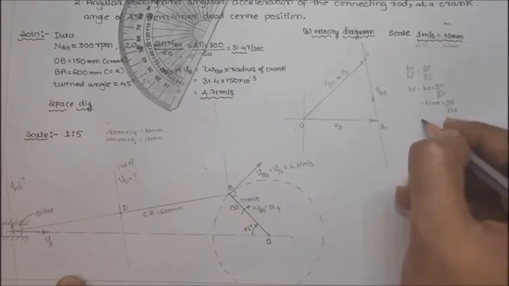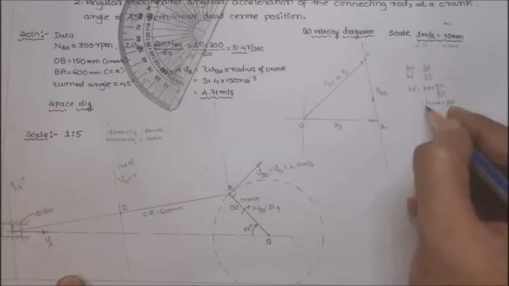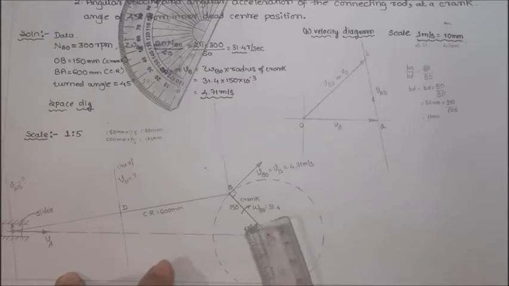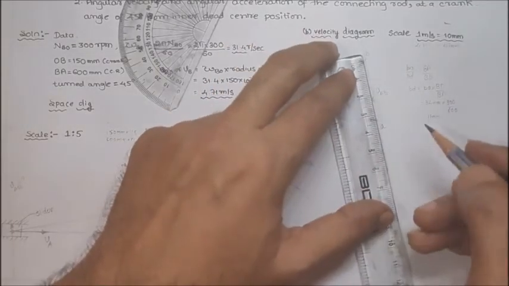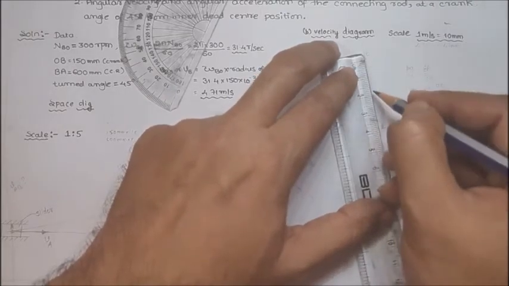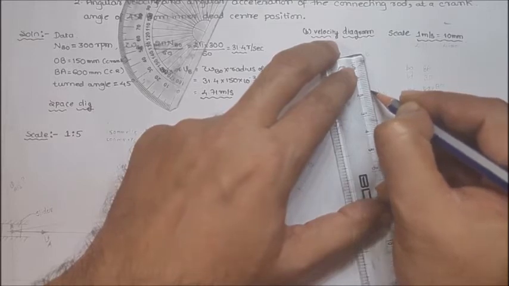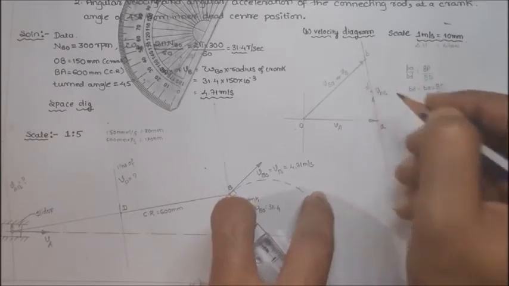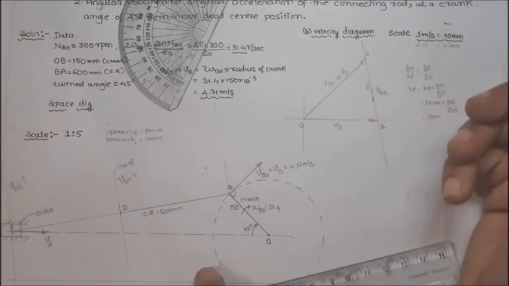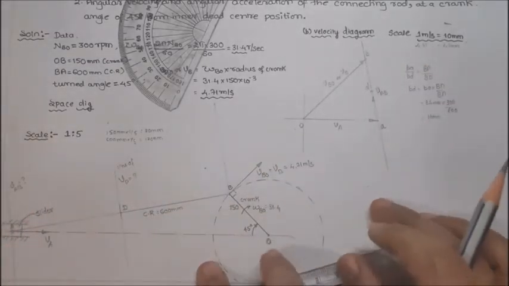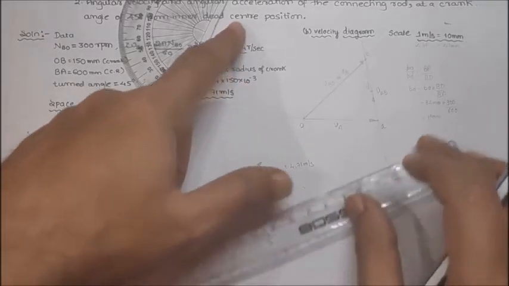So it will be 34, so it will be 17 mm. So it will be half of that one. So from B to D, from here till here it will be 17 mm. So this is point small d. Otherwise, one method is to divide this line equally in half. That is also used. Most of the cases it is also recommended.